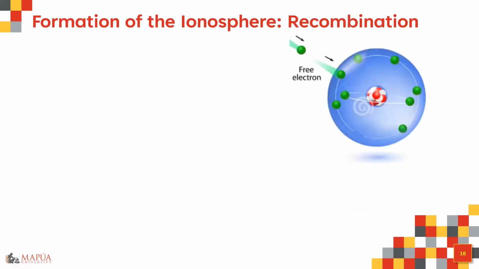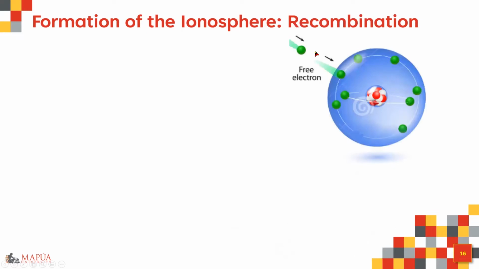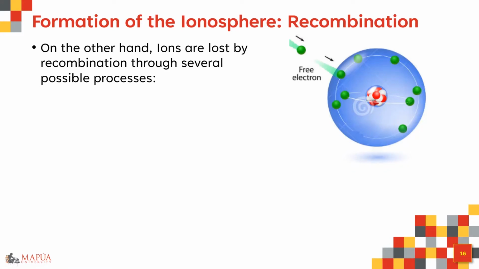On the other hand, recombination happens when the photoionization source, or the energy that causes photoionization, becomes absent. So the formerly separated free electron and positive ion therefore naturally recombine. In this case, the process is generally a reverse.